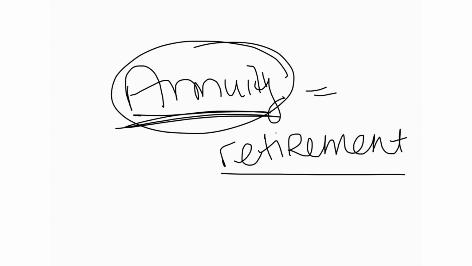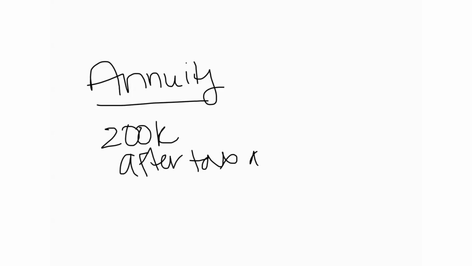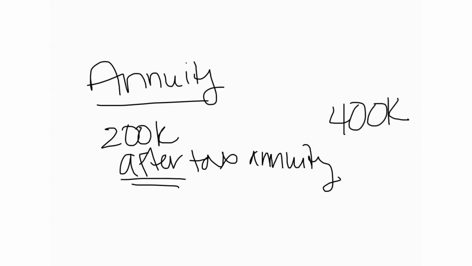All right. Now, people are always scared of math questions on this test. There really won't be any math questions, but you may see an annuity question that seems like math. It may say something like, you bought a $200,000 after-tax annuity. Today, that annuity is worth $400,000.